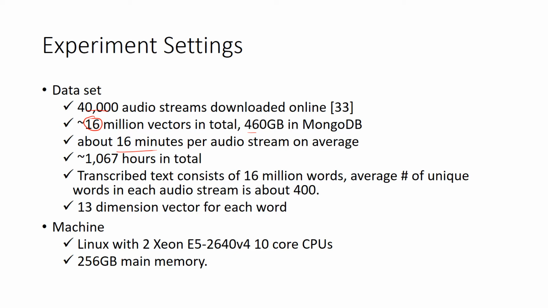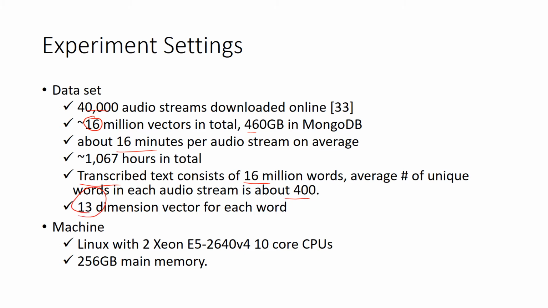We also transcribed the audio to text, and the text contains about 16 million words on average. The number of unique words in each audio stream is about 400. And we use 16 dimension vectors for each word.